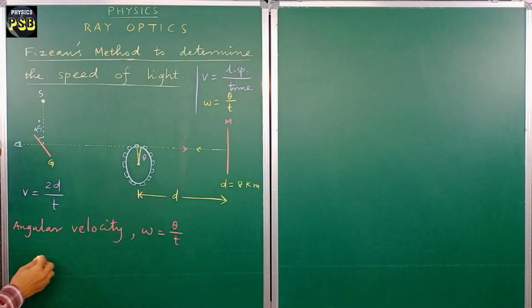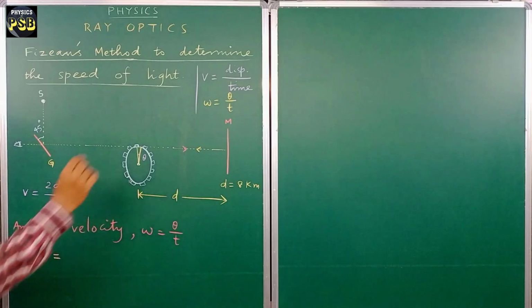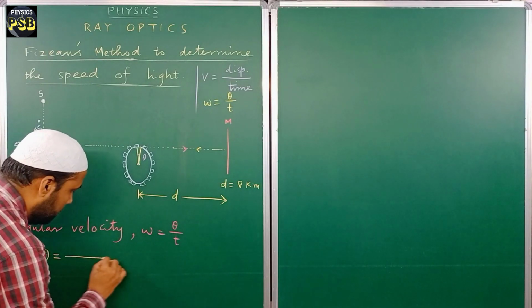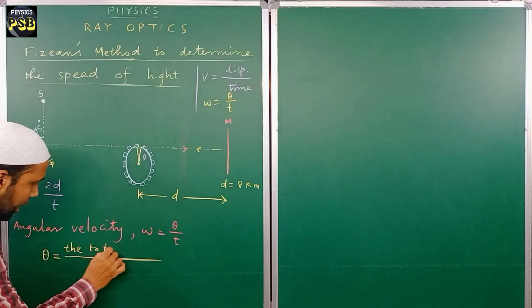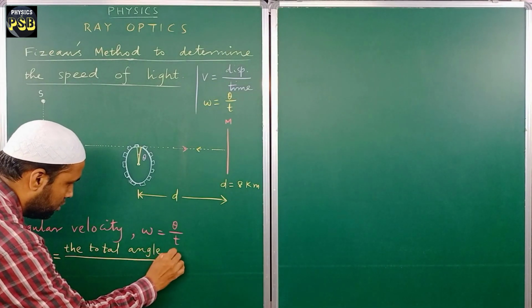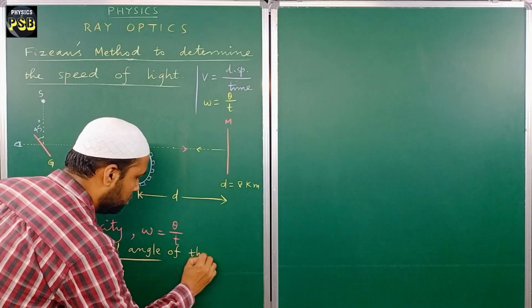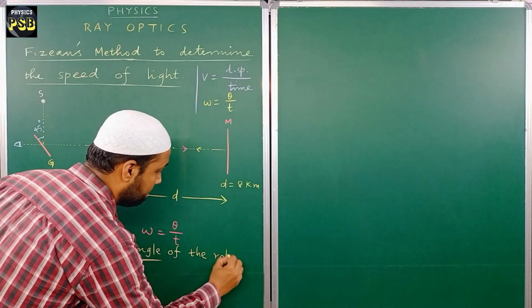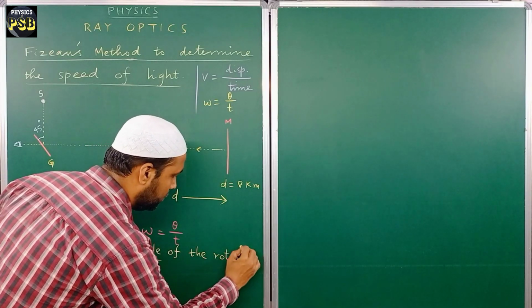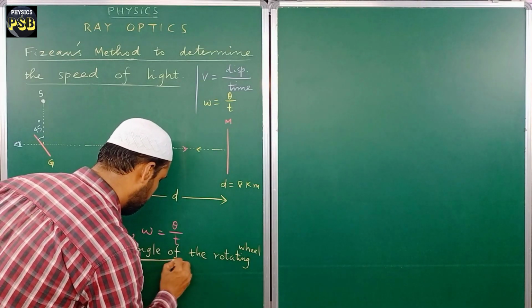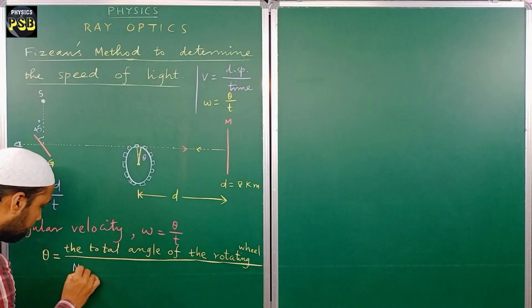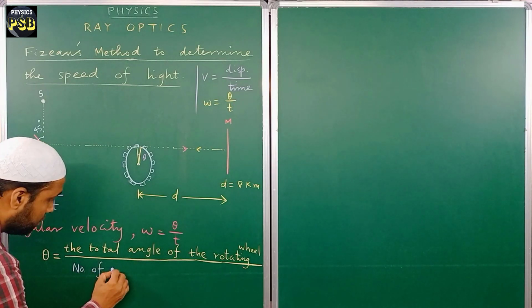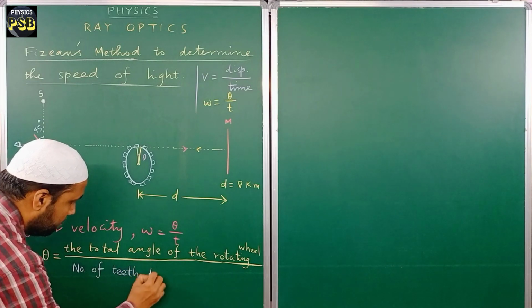Here, theta, the angle between a tooth and the cut, is found to be equal to the ratio of the total angle of the rotating wheel divided by the number of teeth plus the number of cuts.